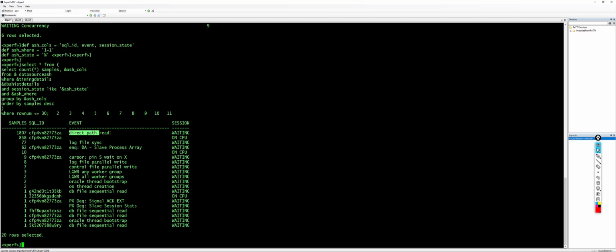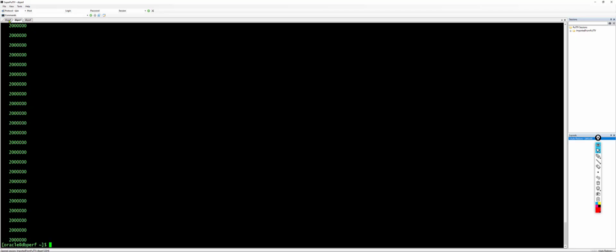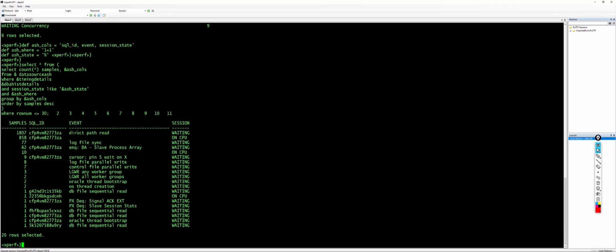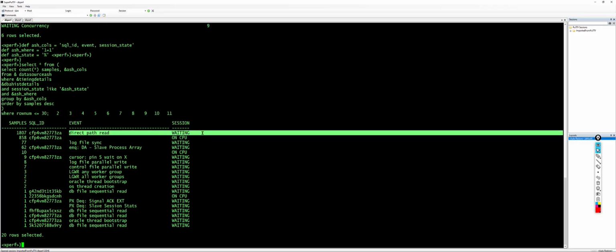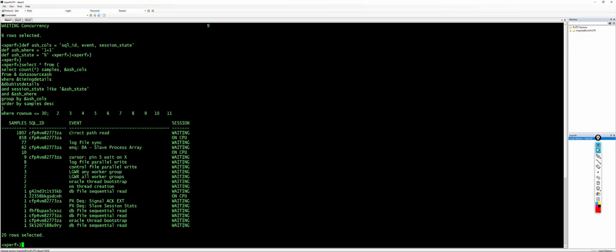Parallel queries use direct path read because they use the PGA rather than the SGA. They bypass the SGA and scan the data directly, so there will be a PGA IO. That's why direct path read is used.